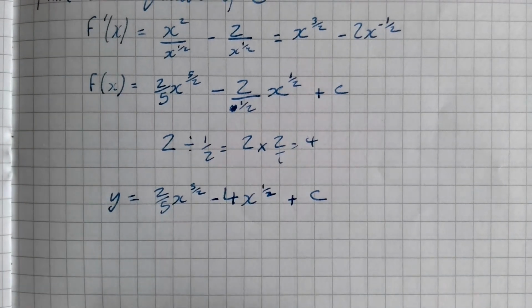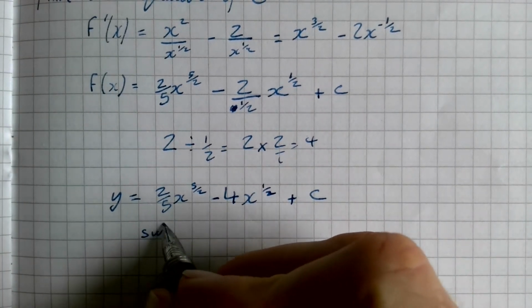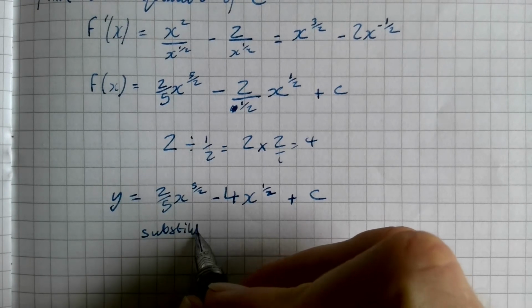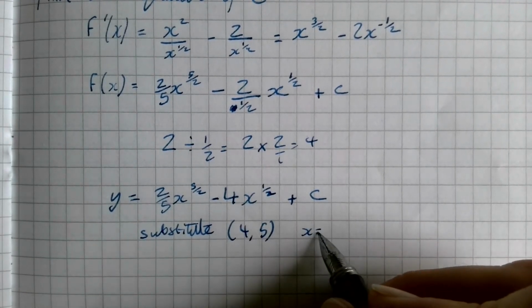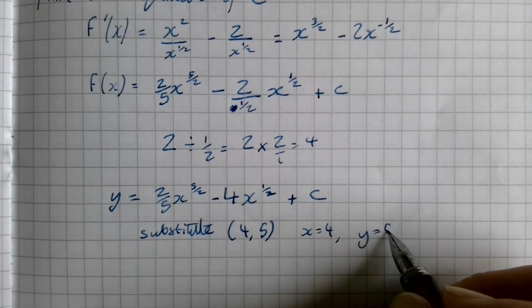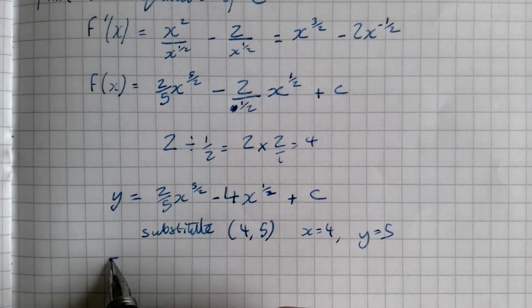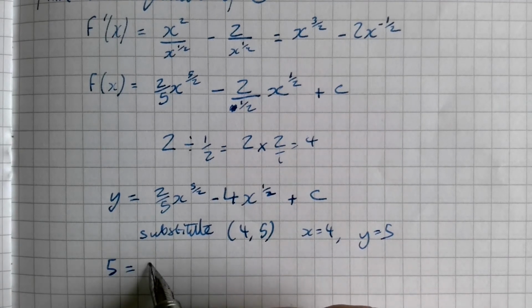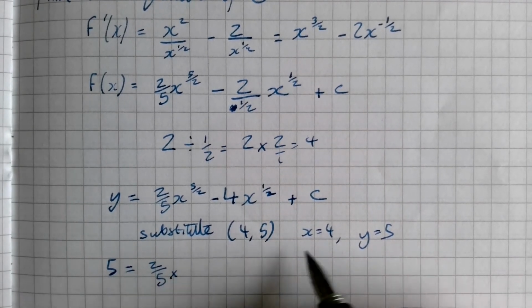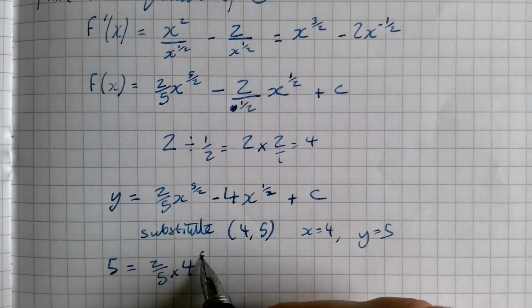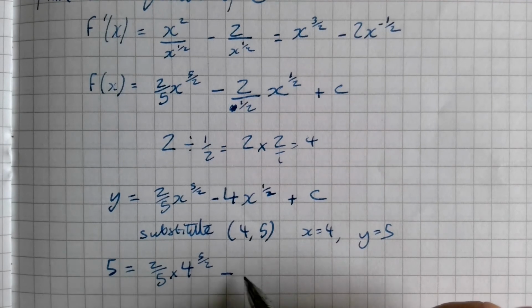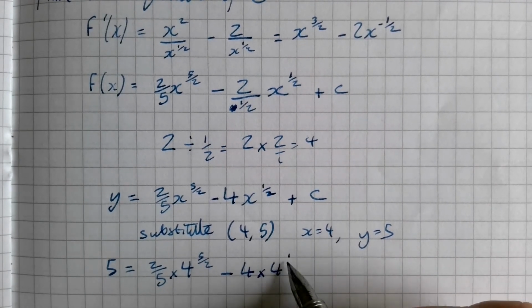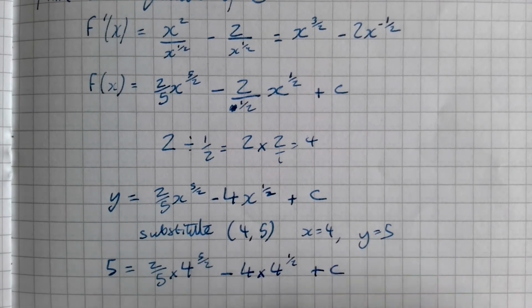So that's my equation. It was going through the point 4, 5. So we're going to substitute the point 4, 5 in there. That means x equals 4 and y equals 5, doesn't it? So I've got 5 there, and then I've got 2/5 times my x, which is 4 to the power 5 over 2, and then take from that 4 times 4 to the power of a half, plus c.